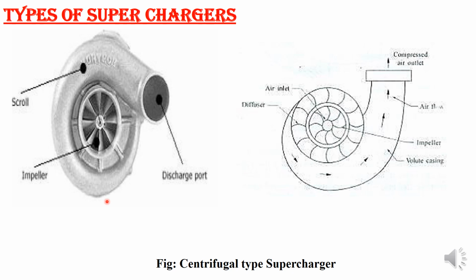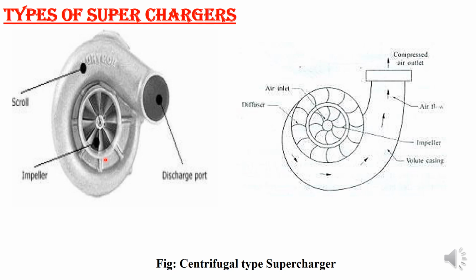If the supercharger is driven by a gas turbine which runs on the exhaust gas of the engine, that is, the exhaust gas runs the turbine and the turbine is coupled to your compressor, then it is called a turbocharger.